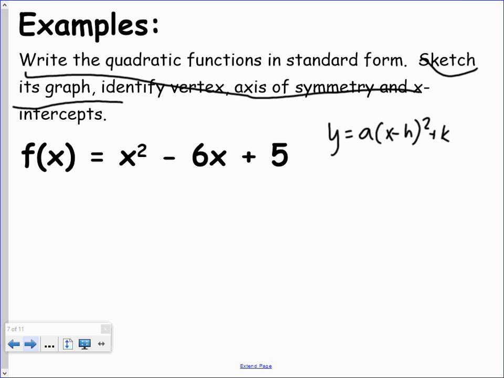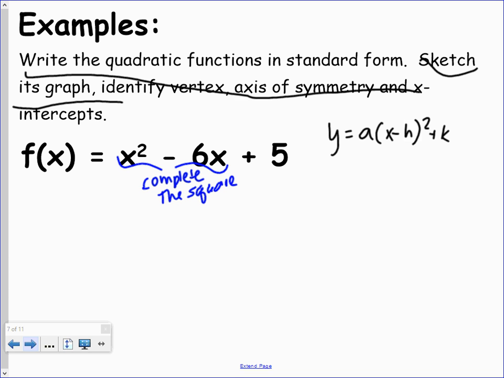And what we have is the old standard form. To get it in new standard form, we need to complete the square for the x terms.